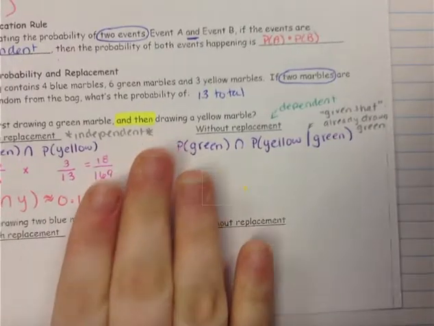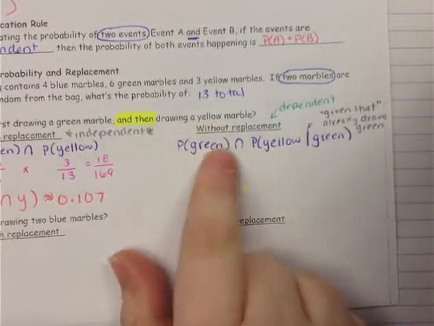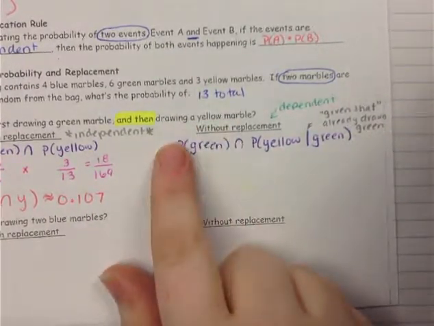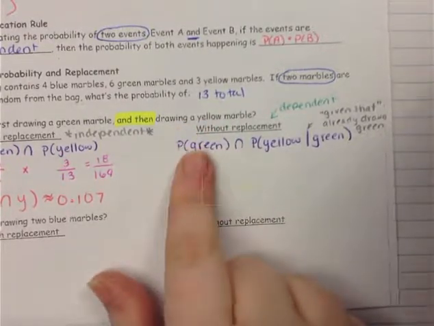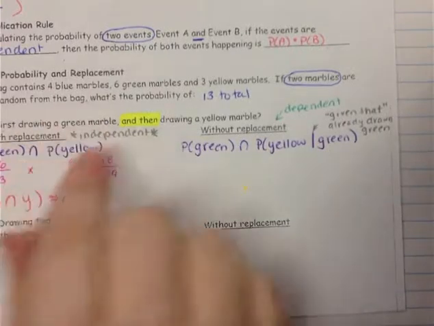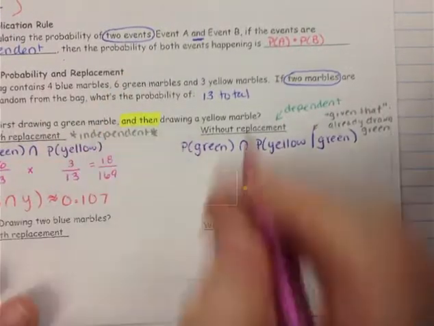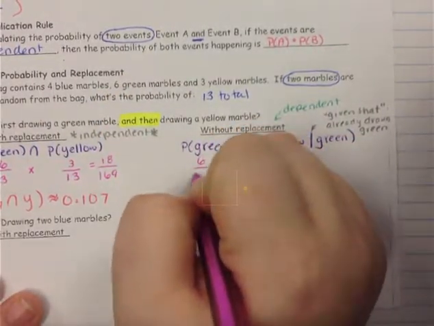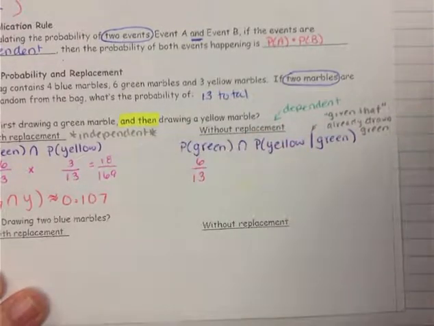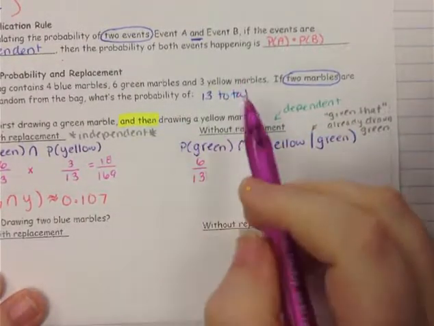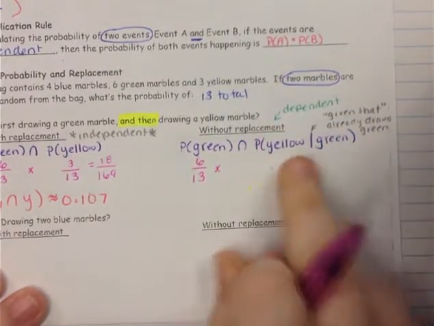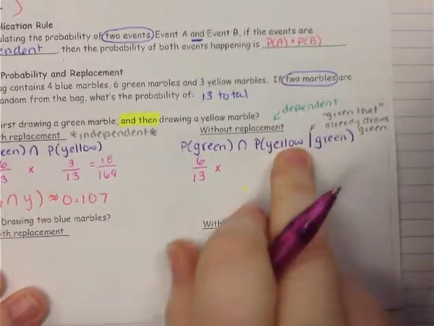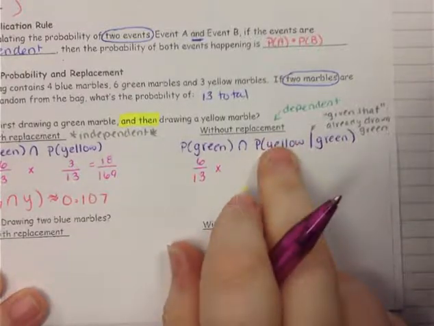So if we do our probabilities, we're going to do our first probability like normal because this is just written normally. We have P of green. This does not have anything funky on it, so we write out our regular probability. So starting over, there are 6 green marbles out of 13 marbles total. And so that means we multiply. How many yellow marbles are there still total?